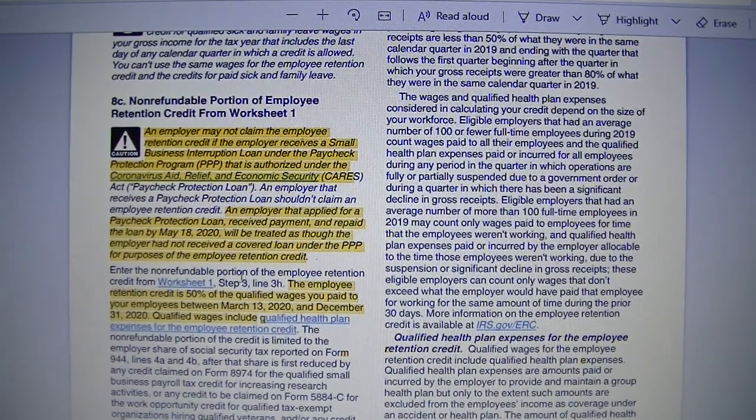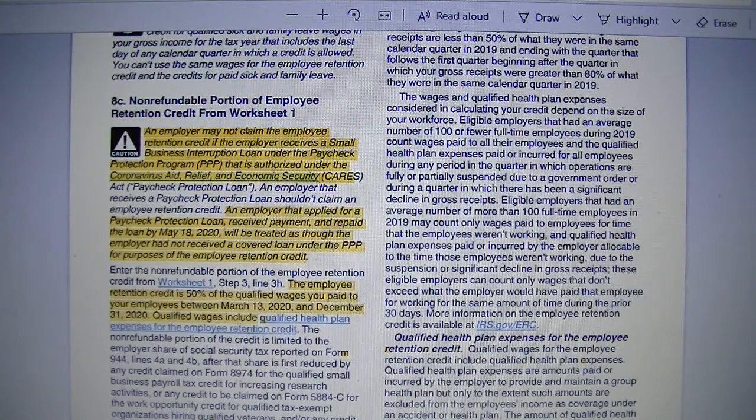Under the non-refundable portion of the employee retention credit from worksheet 1, step 3, line 3H, the employee retention credit is 50% of the qualified wages you paid to your employees between March 13, 2020 and December 31st, 2020. Qualified wages include qualified health plan expenses for the employee retention credit.